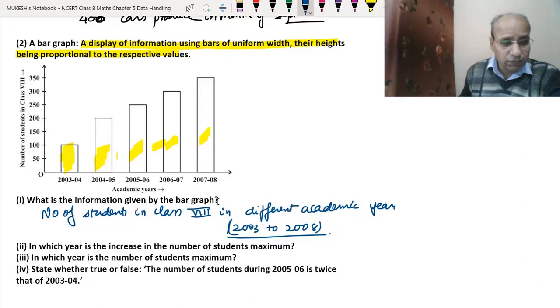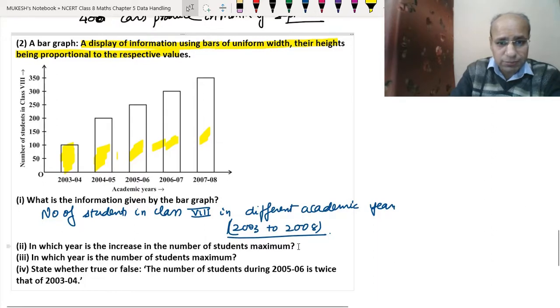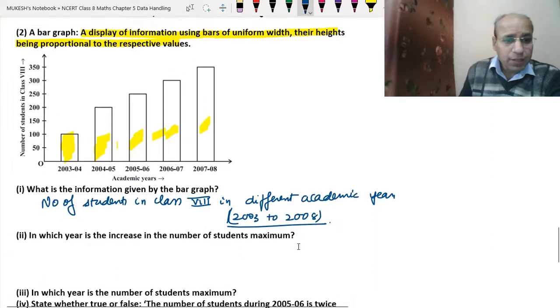Now the question is, in which year is the increase in the number of students maximum? So we have to check in which year the maximum increase has happened. See, in the academic year 2003-2004 there are 100 students. In 2004-2005 there are 200 students. In 2005-2006 there are 250 students, then in 2006-2007 we have 300 students, and then we have 350 students.